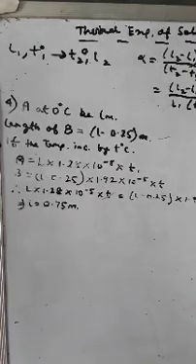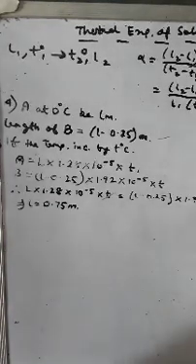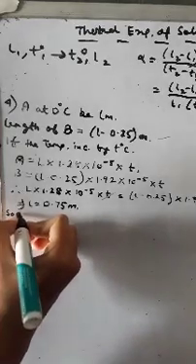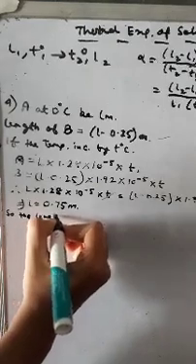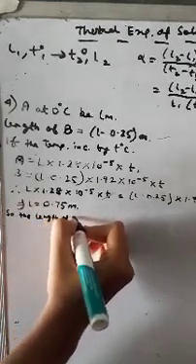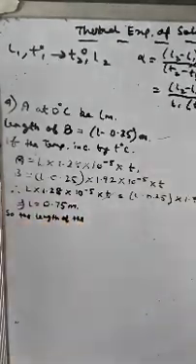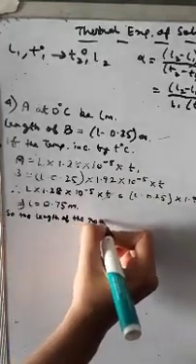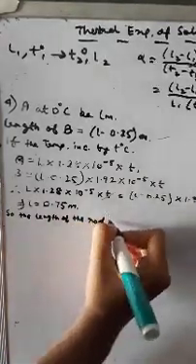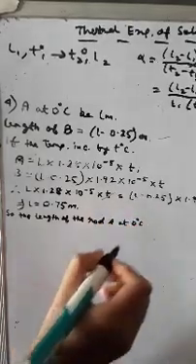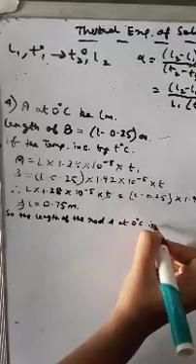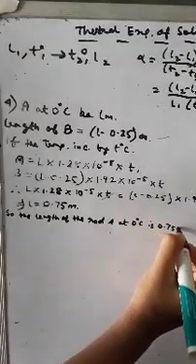So the length of the rod A at 0 degree C is 0.75 meters, isn't it? I'm just writing here: the length of the rod A at 0 degree C is 0.75 meters.